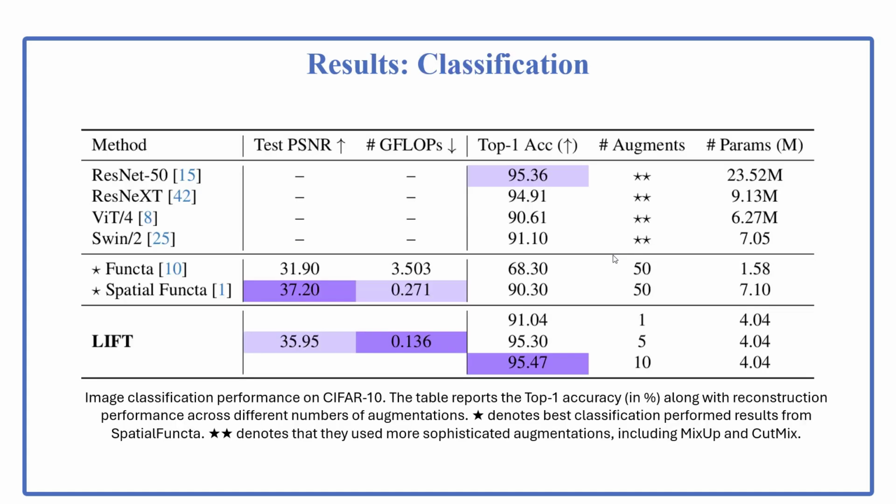And this is the classification result. We train a VMamba on top of our latent representations, and we compare it with discrete-based methods like ResNet 50, ResNeXt, ViT, or Swin. We also compare our method with Functa and Spatial Functa. As you can see here, we can even surpass ResNet 50 and the discrete-based methods in terms of top-one accuracy, even though those methods use more sophisticated augmentations like mixup or CutMix.